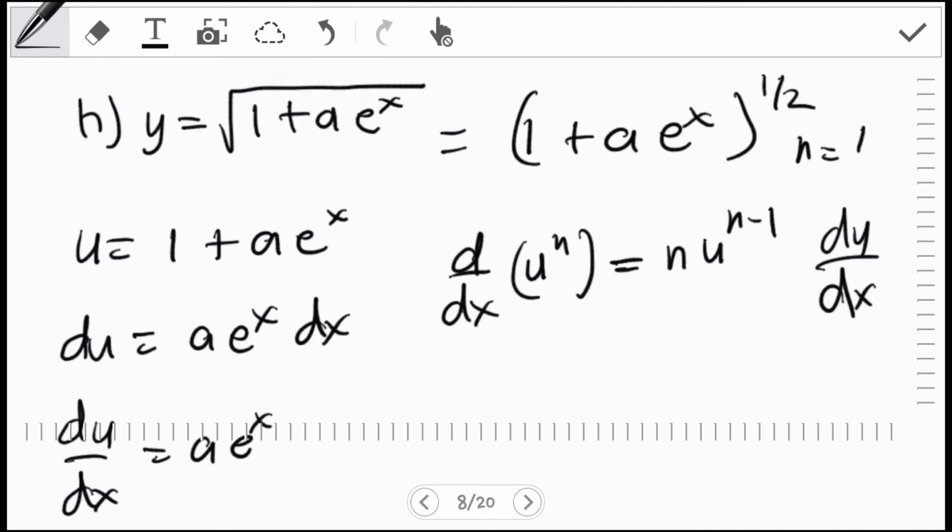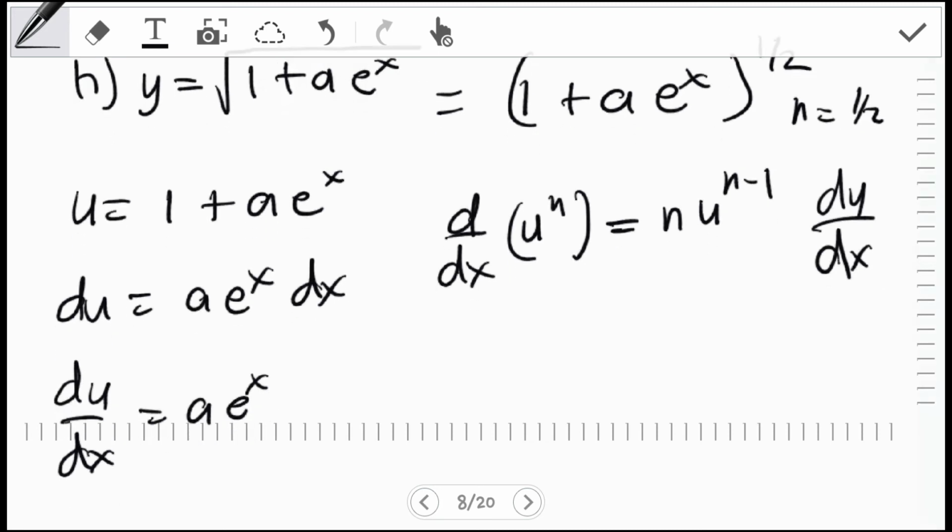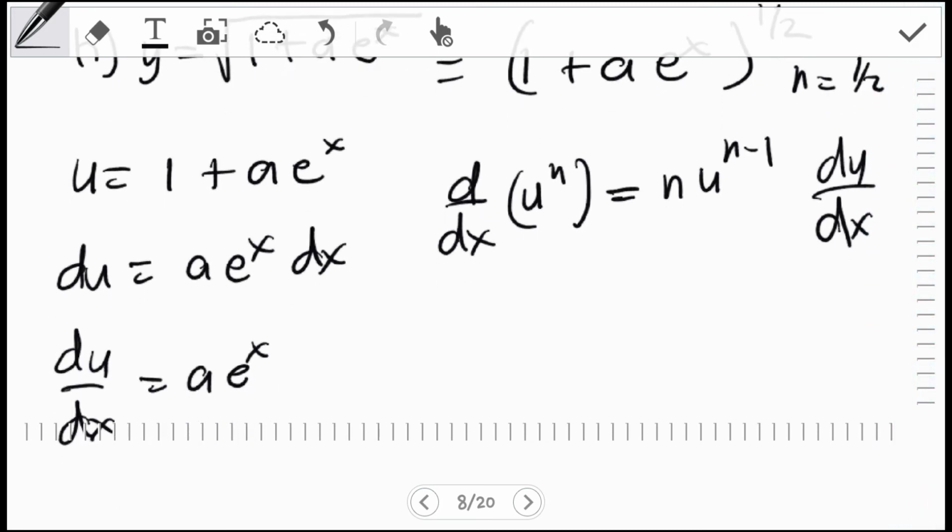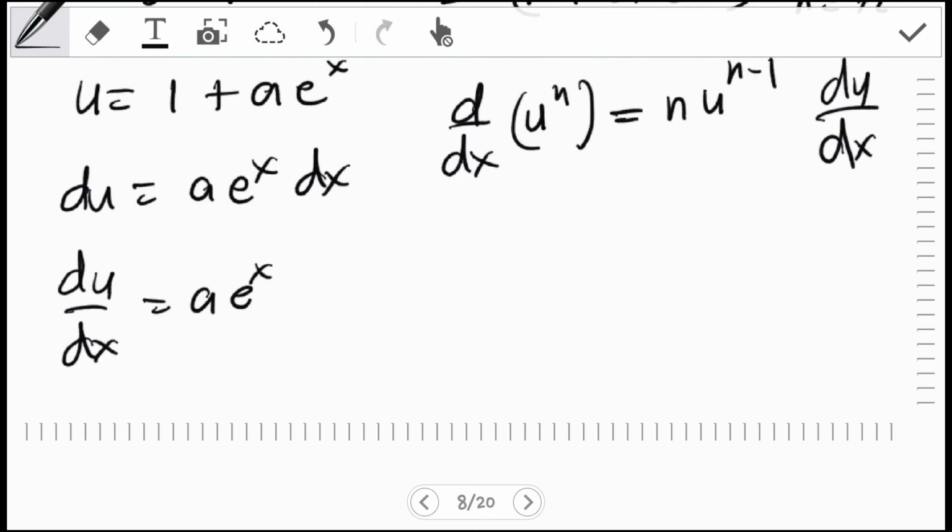So that is 1/2, so u to the power 1/2 minus 1.